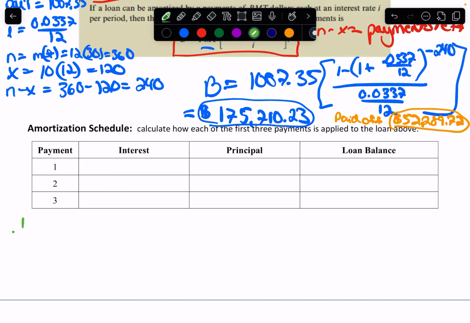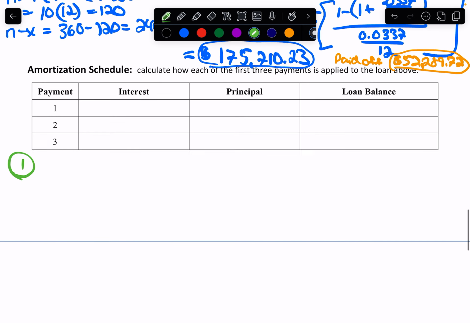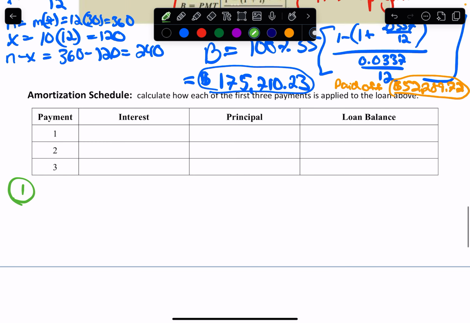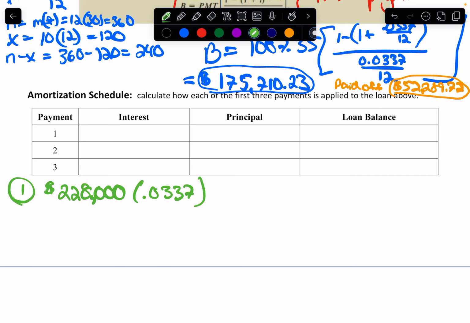Our first payment is going to be the 228,000 times the rate, which is 0.0337, and this times 1 over 12, because we do 12 of these in 1 year.